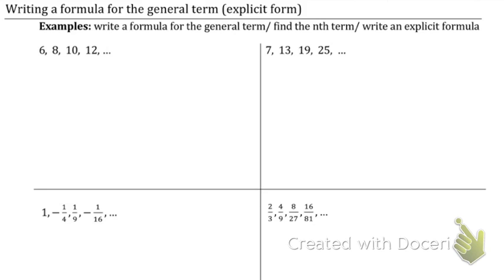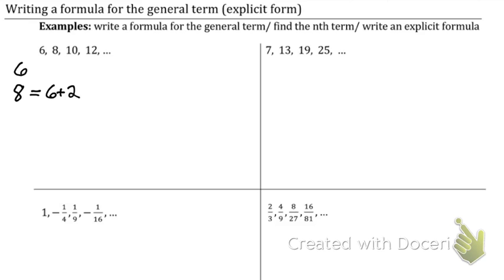So what we're going to do very early, we won't do this again, is break down what's happening. Our first number is 6. Our next number is 8, but I want to break 8 down in terms of our first number. So 8 is realistically 6 plus 2.